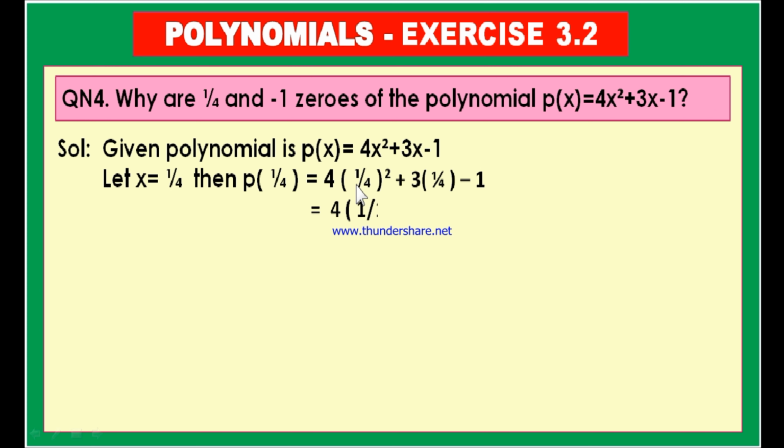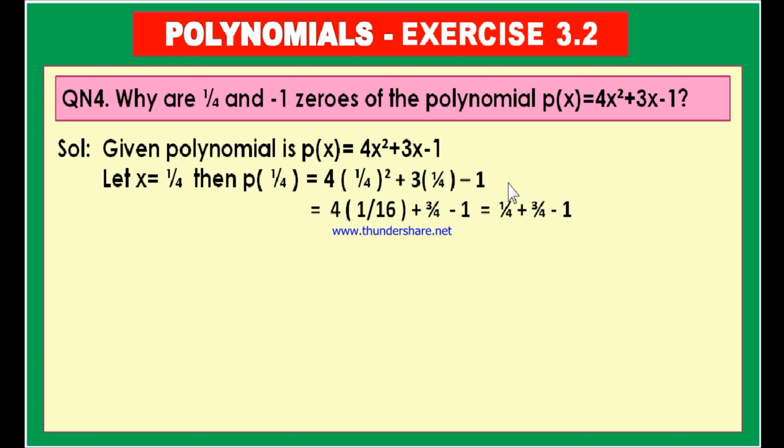This is equal to 4 into 1 by 4 whole square, which is 1 square by 4 square. 1 square is 1, by 4 square is 16, plus 3 into 1 by 4. 3 into 1 is 3, 3 by 4 minus 1. Now 4 in 16, 4 times. Therefore this is 1 by 4 plus 3 by 4 minus 1.